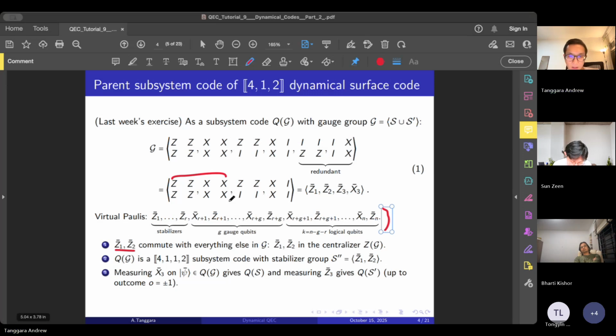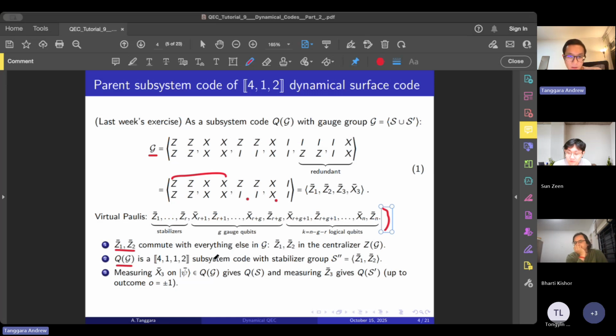These two are going to be the X and Z gauge operators corresponding to one gauge qubit. So this Q of G, defined by this gauge group, is this 4112 subsystem code, which means we have four data qubits, one logical qubit, one gauge qubit, and distance two.